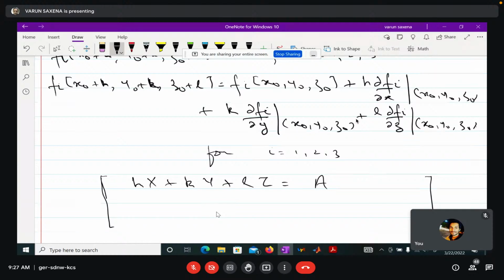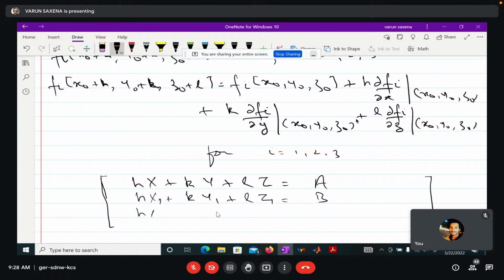Then you will get hX1 plus kY1 plus lZ1 equals b, where X1 will be del f2 by del x, Y1 will be del f2 by del y, Z1 will be del f2 by del z.